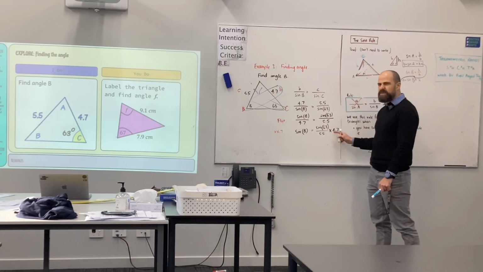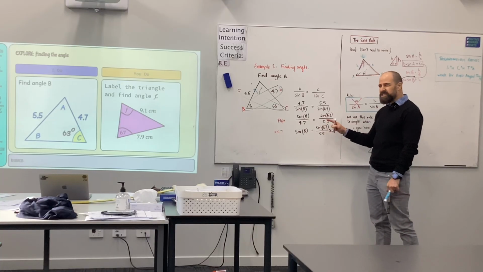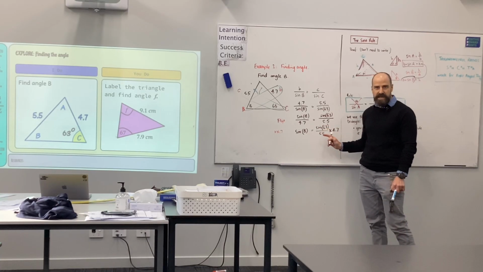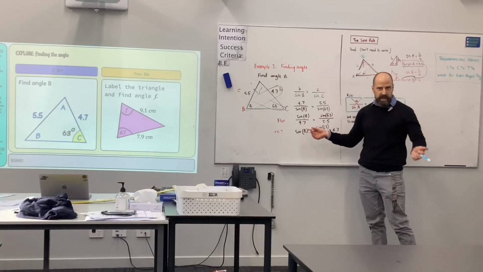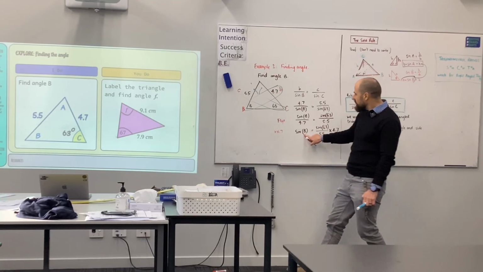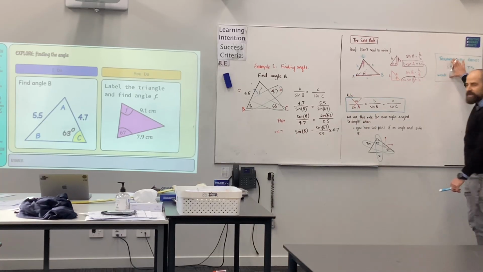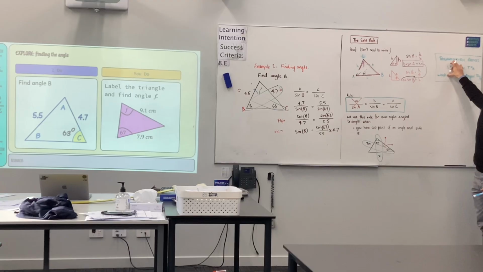We could type this into our calculator at this stage, but I don't, because what you tend to do is get a decimal answer and then make a rounding error. So I'm going to do it all in one step on my calculator. Last step, I'm finding an angle. When we did right angle trigonometry, what did I need to use to find an angle? The inverses, good. So we've got to do the opposite of sine.